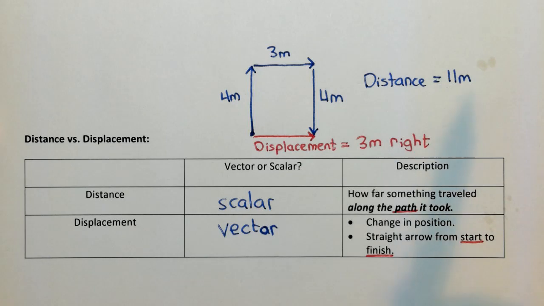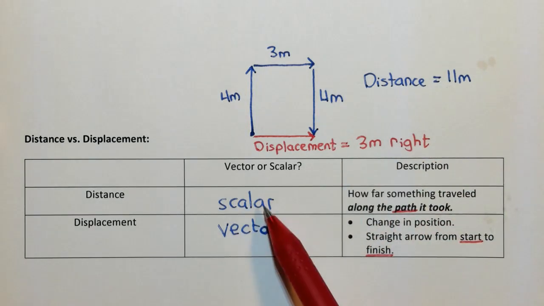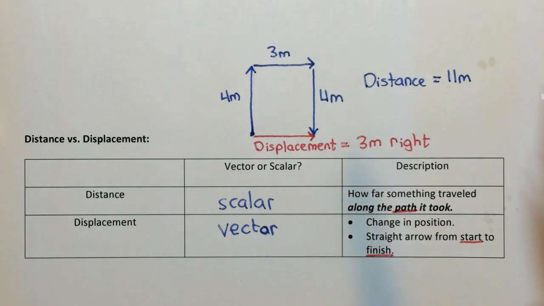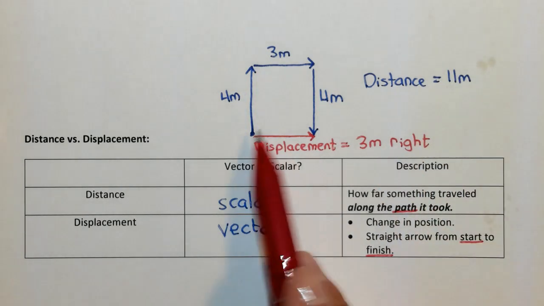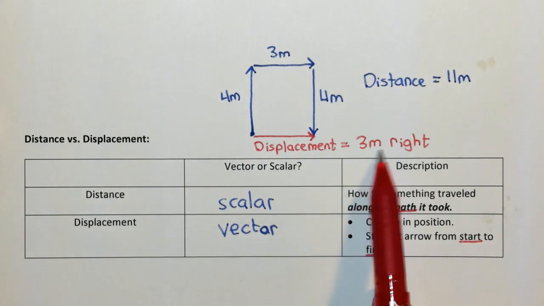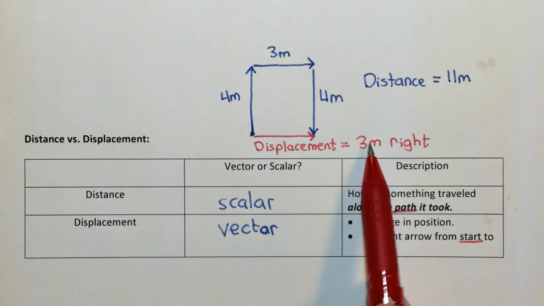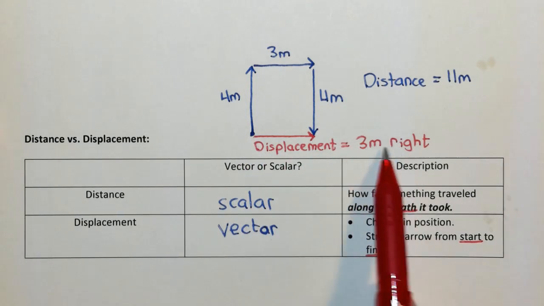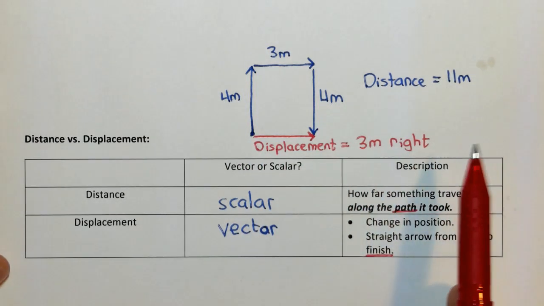So not only is displacement different from distance in that it's a vector and not a scalar, it also can have a different magnitude. My distance was 11, which we measured along the path, and my displacement was 3 meters, which we measured just straight from start to finish, and it had a direction too, which was to the right.